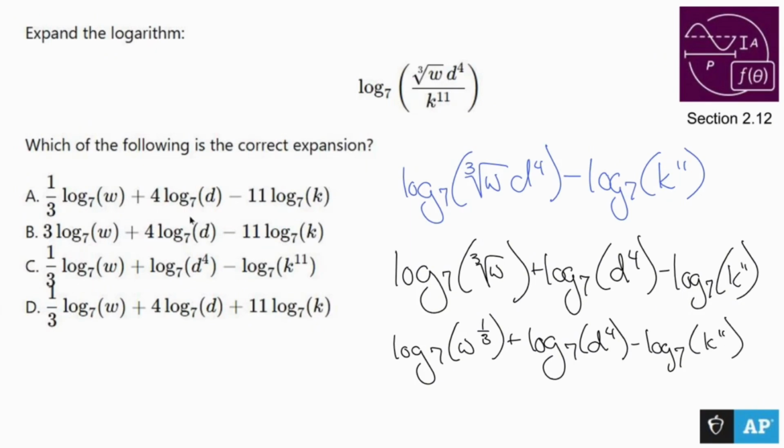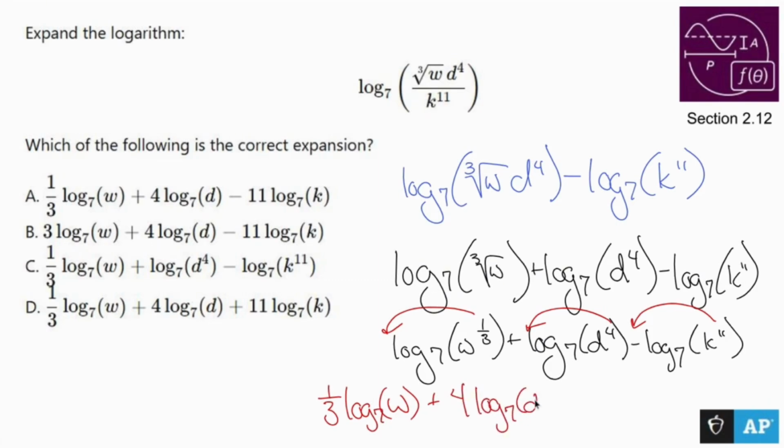And now I bring out my exponents and turn them into coefficients this way. So you become 1/3 log base 7 of w plus 4 log base 7 of d minus 11 log base 7 of k.